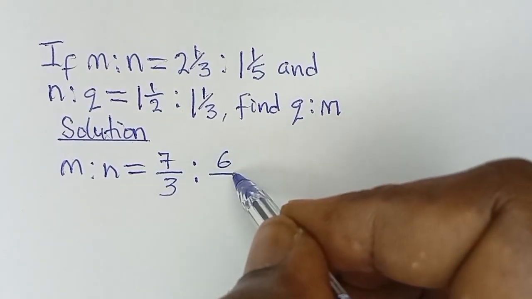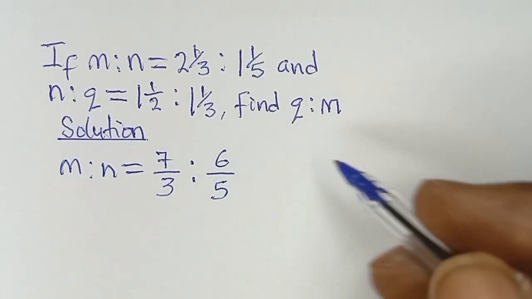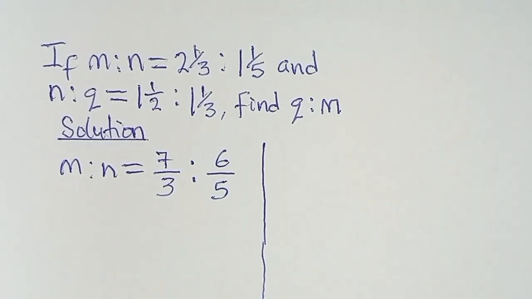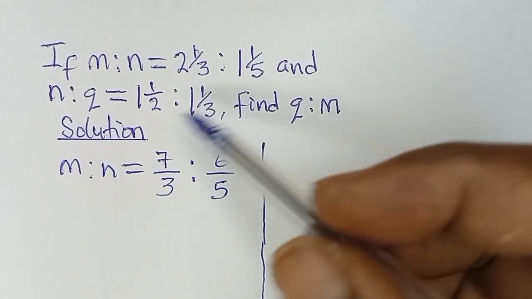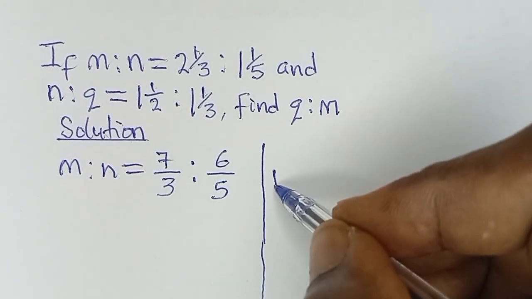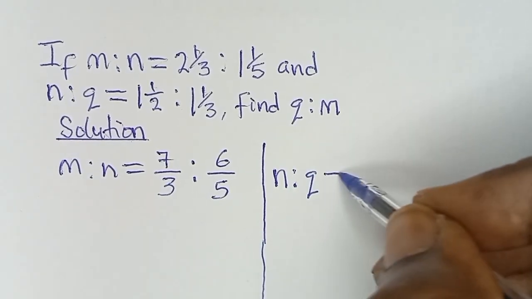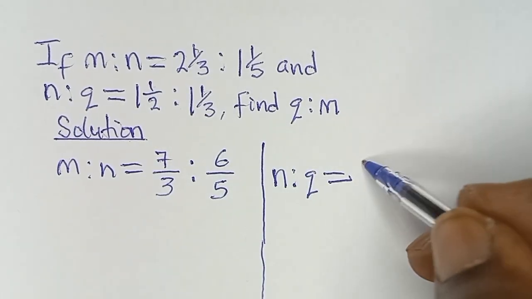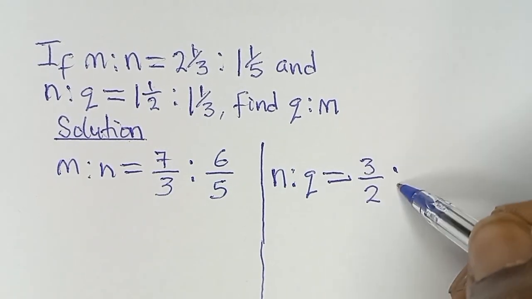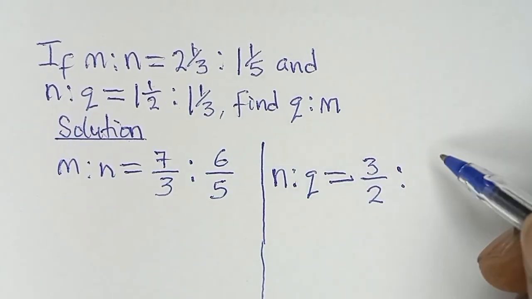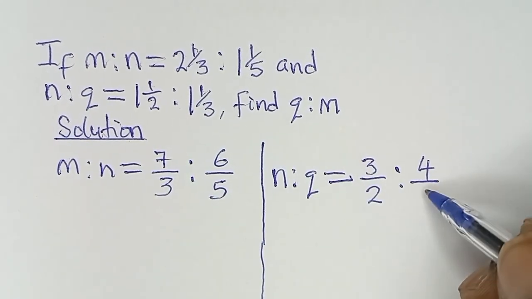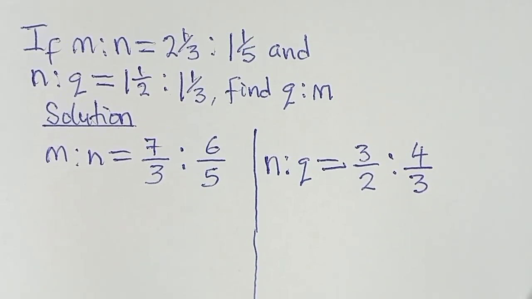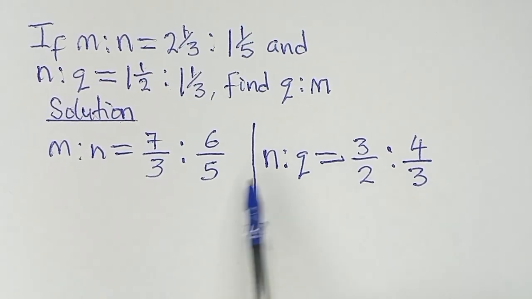And that will give us 6 over 5. Then let me also handle the other one, n ratio q. 2 multiplied by 1 is 2 plus 1, 3, so I have 3 over 2, ratio 3 multiplied by 1 is 3 plus 1, 4, which is 4 over 3.